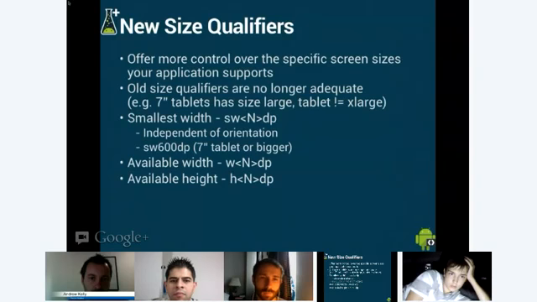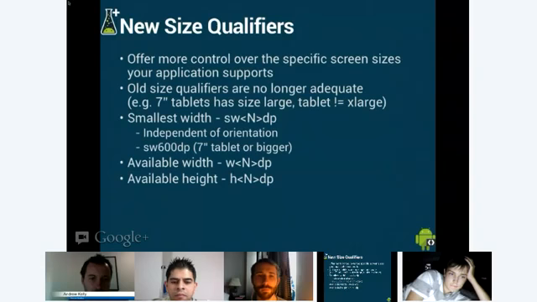By introducing these new qualifiers, there are three of them. One of them we call smallest width. The syntax is SW, then the number, then DP. The nice thing about smallest width is you don't need to care about the orientation of your device.